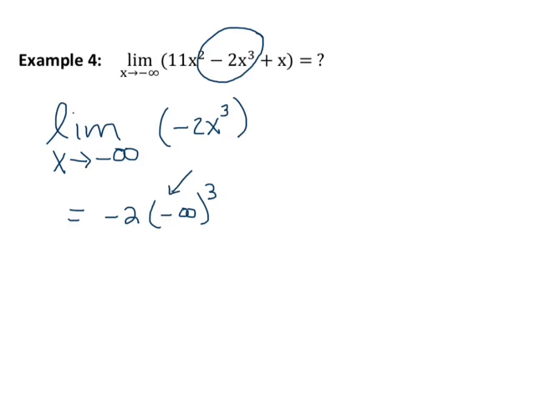So we basically then have, when we do our next step in multiplication, a negative times a negative. And of course, a negative times a negative is positive. So this is actually going to go to positive infinity. That's going to be our ending result: this limit goes towards positive infinity.